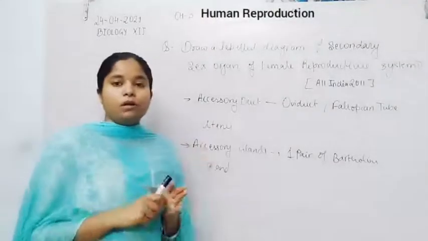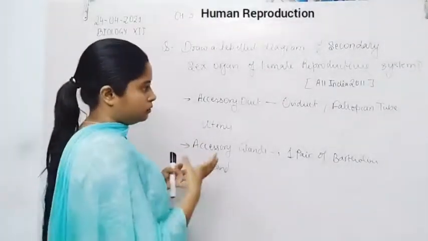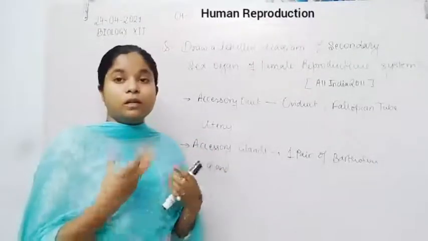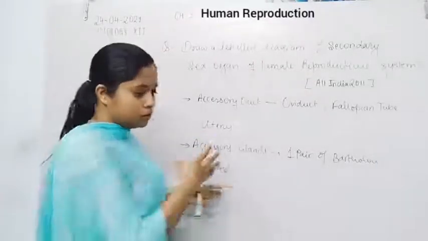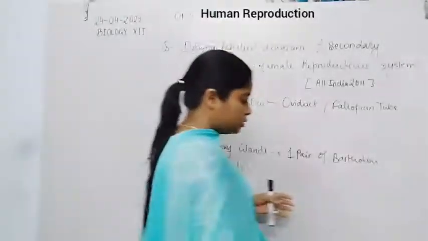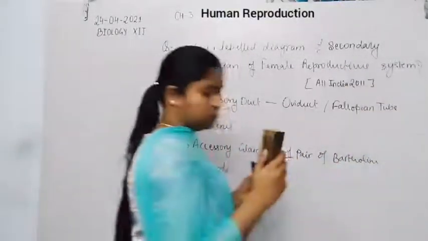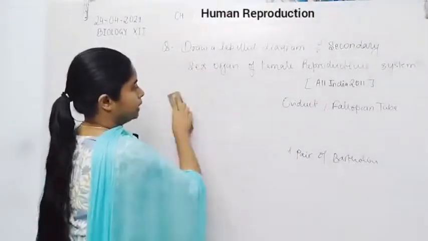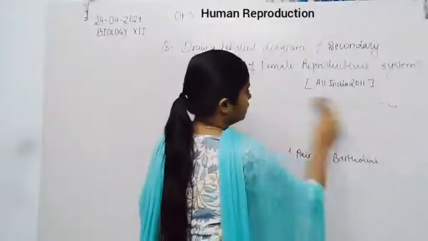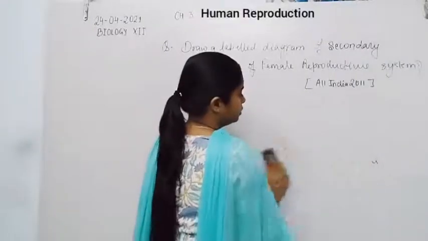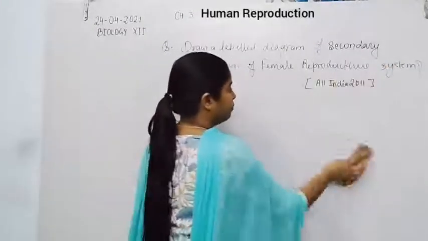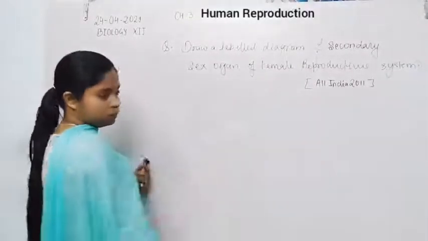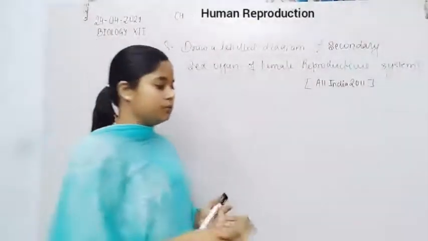Now we will discuss the other characteristics with the help of a diagram. What are the different characteristics of the accessory duct, how many parts is the oviduct formed by, and what are their functions during reproduction?